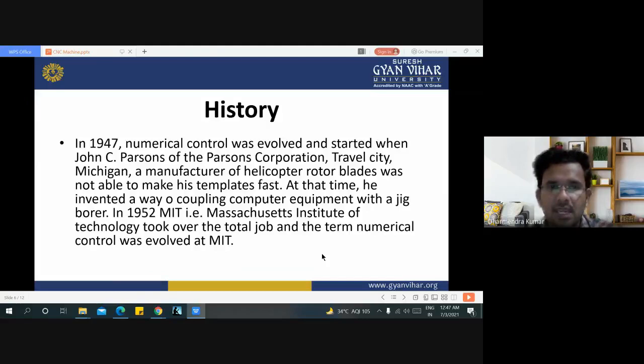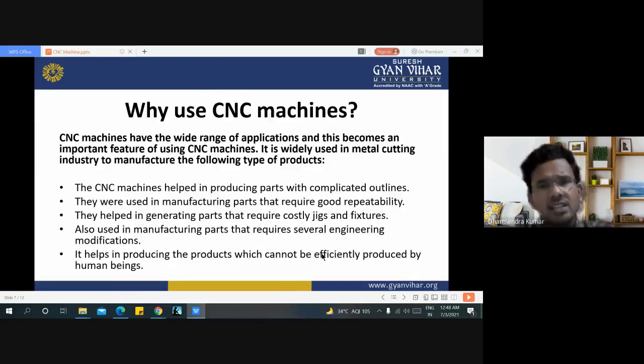At this time, he invented a way of coupling computer equipment with a jig borer. In 1952, MIT, the Massachusetts Institute of Technology, took over the total job, and the term numeric control evolved at MIT only. Why are CNC machines used in industry?